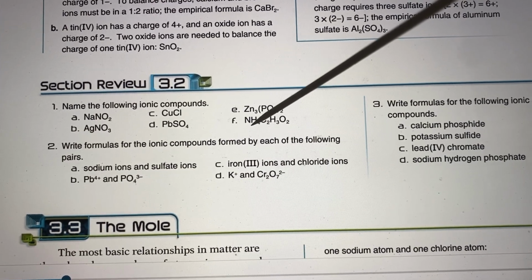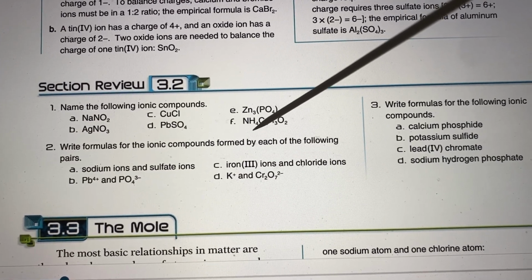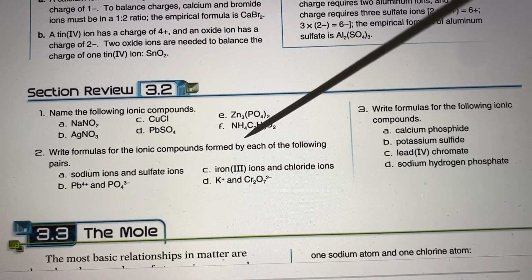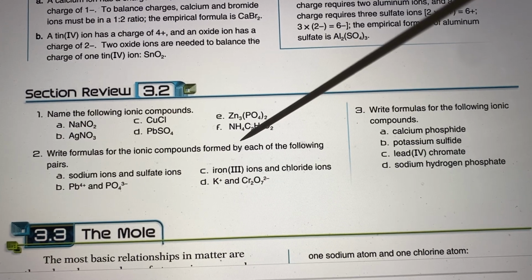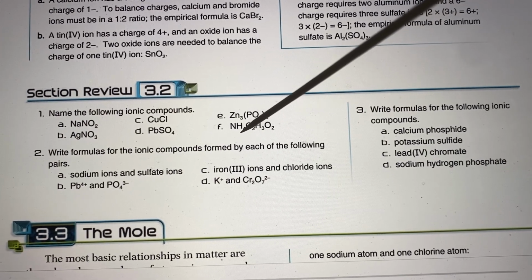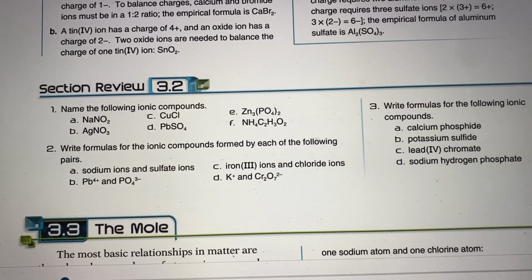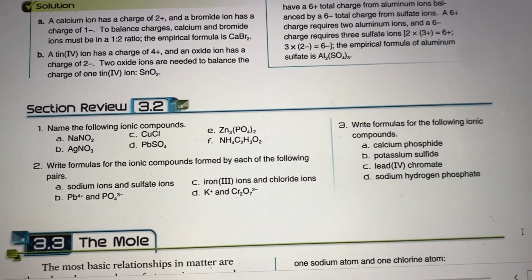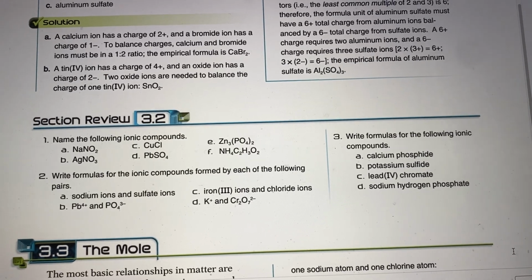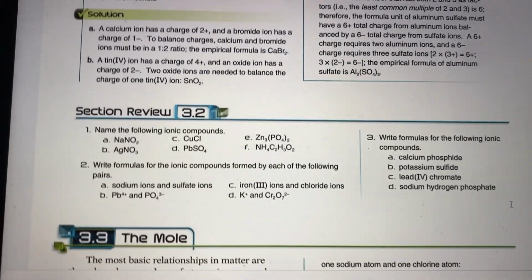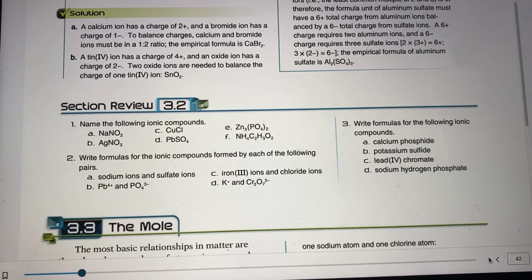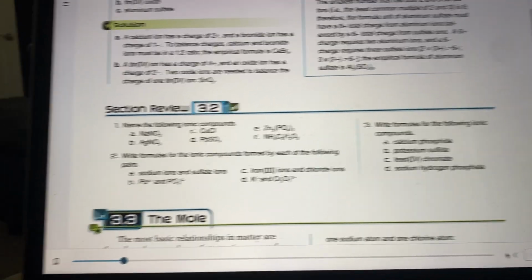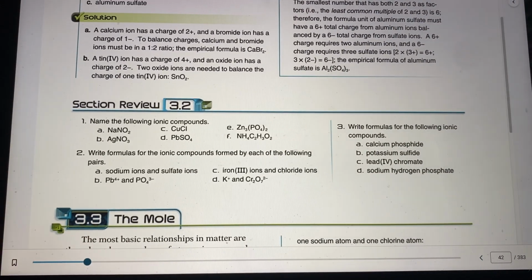This here is going to be NH4. What's NH4? If you look back on your table, let's look back on that table. Well, this one here is C2H3O2. This is a hard one, so let's look back on that table.